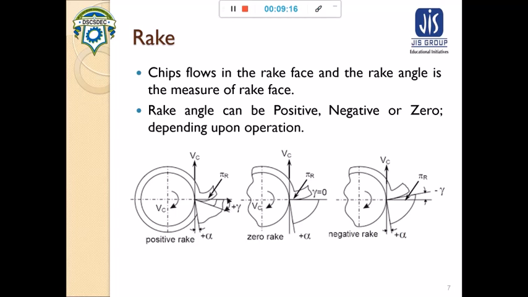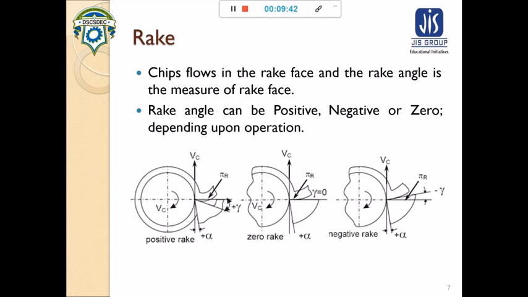Next, in the case of zero rake angle, what is happening? In the case of zero rake angle, the strength of the workpiece is increased, but the friction between the chip and tool also increases. So the zero rake angle case can also be used for specific requirements.